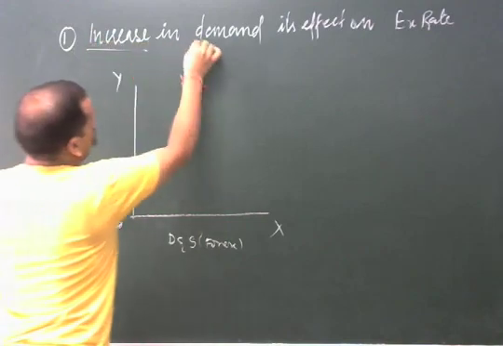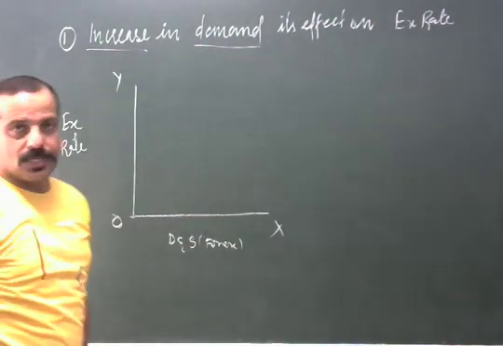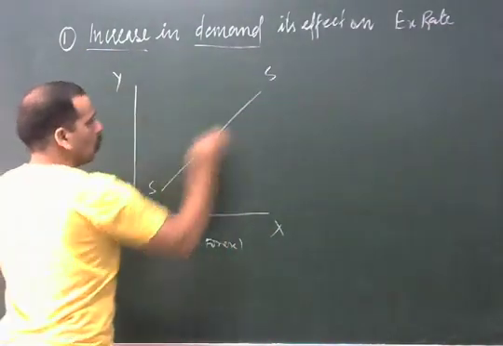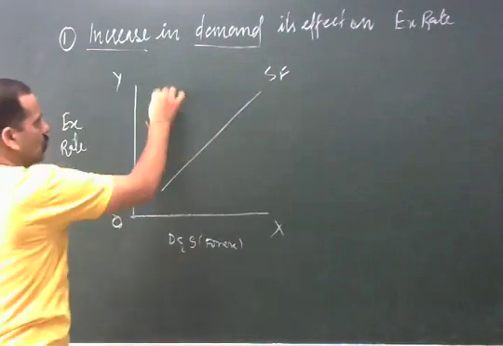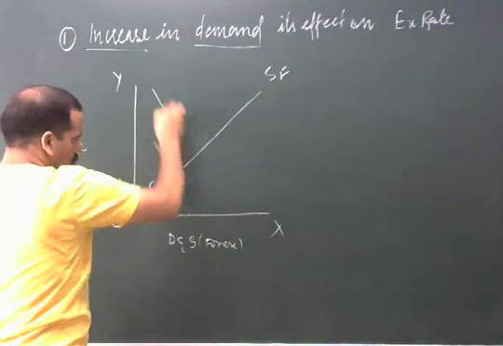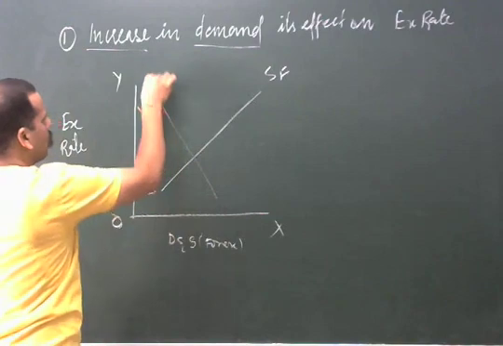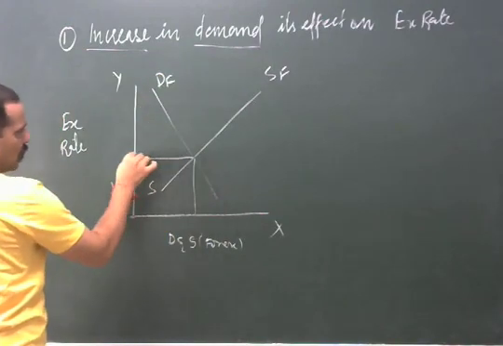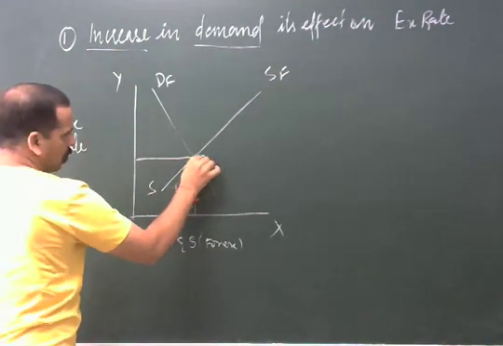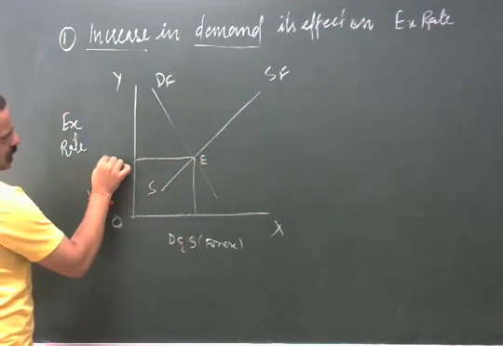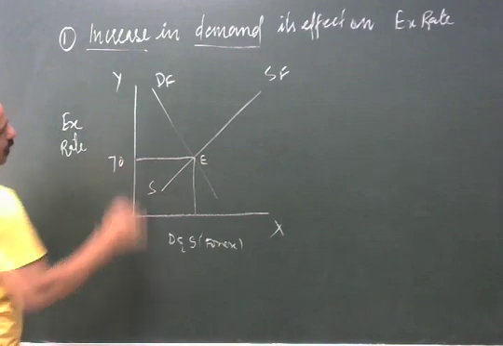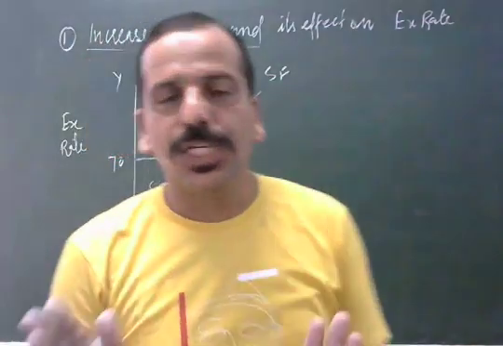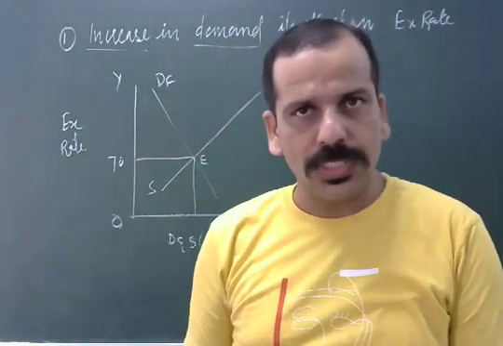Supply of foreign exchange will remain constant. This is your initial demand curve for foreign exchange and this is your initial equilibrium. Let this be 70. This is the initial situation. Got it?